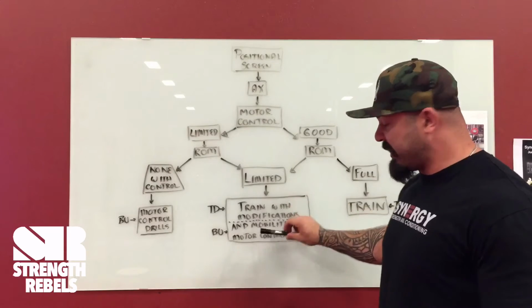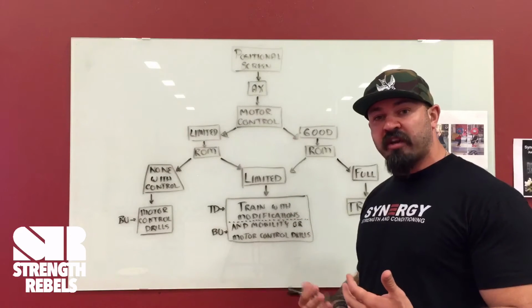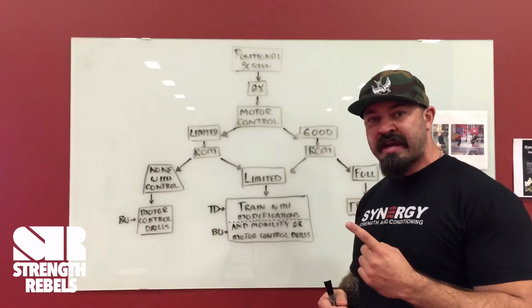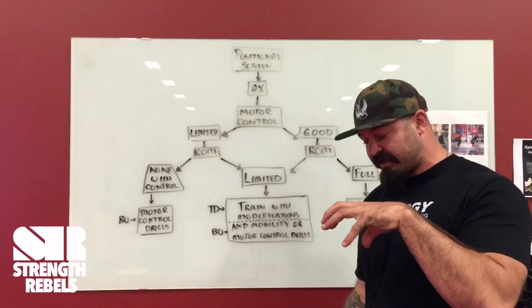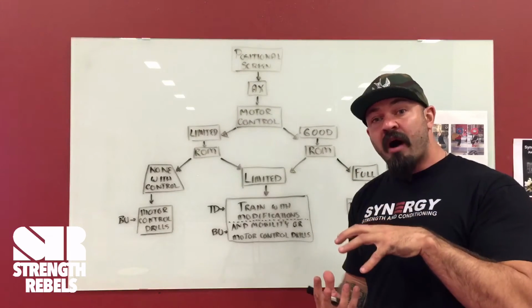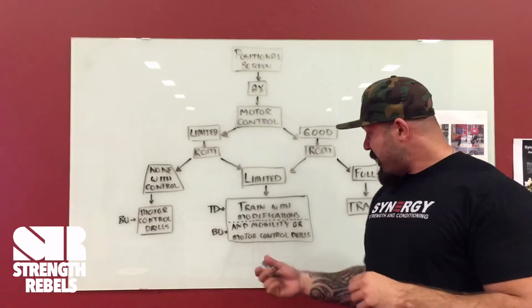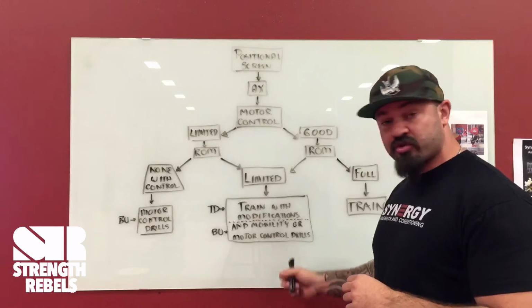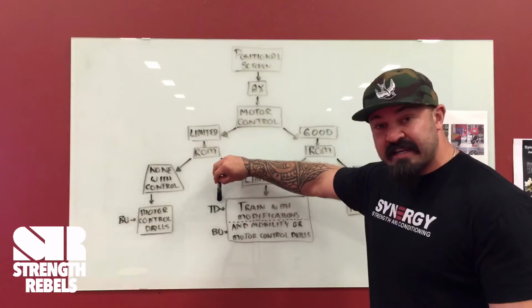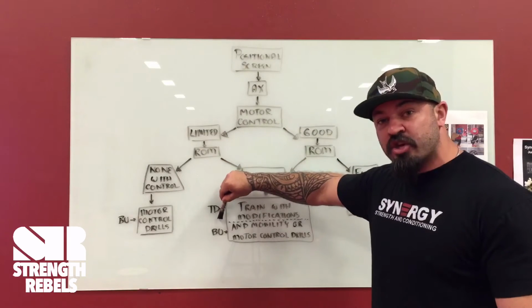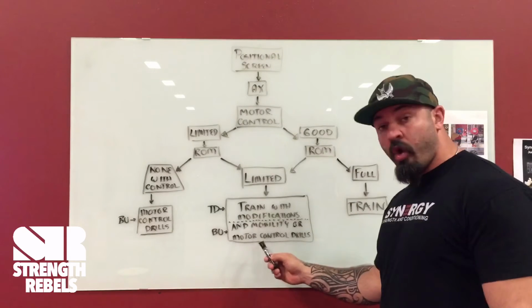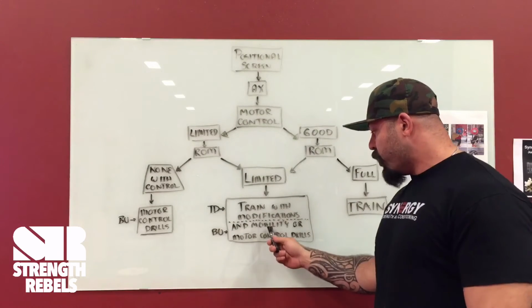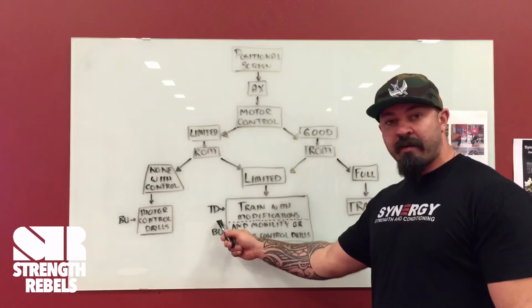So really, our big portion of what we're looking for from Strength Rebels is that we're always training top down, so loaded structural exercises, with the bottom up of the structural mobility drills or structural drills, okay? So TD stands for top down, BU is bottom up. This is training with modifications, so it might be one or all mobility or motor control drills from the bottom up, right?